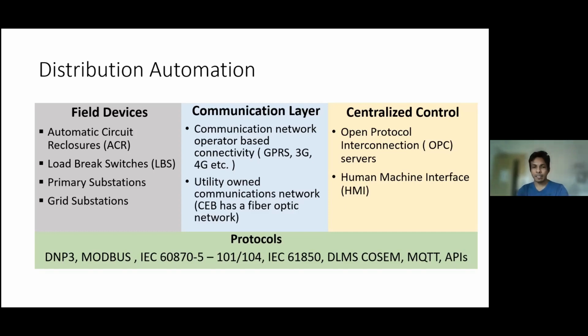We refer to them as utility protocols, namely DNP3, Modbus, and IEC 101. Normally we refer to these protocols as 101 and 104. And in some situations we use 61850 and DLMS COSEM, and some other IoT protocols like MQTT and APIs, which another partner is going to cover.